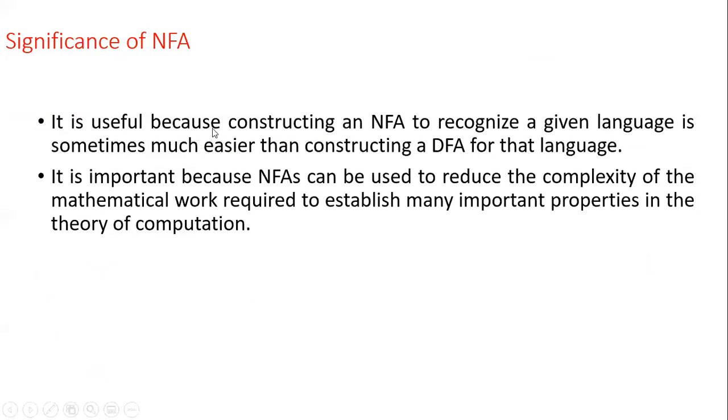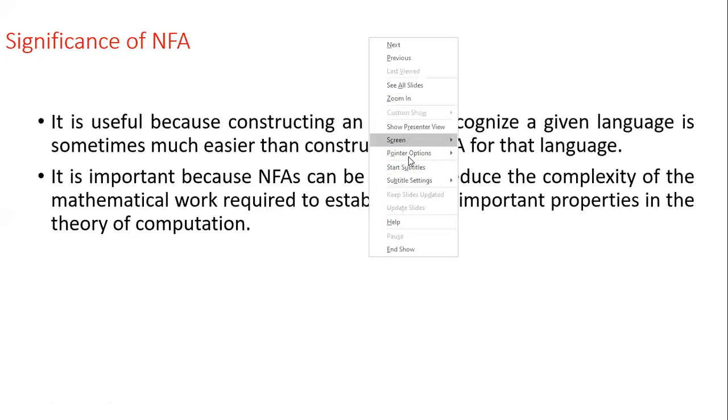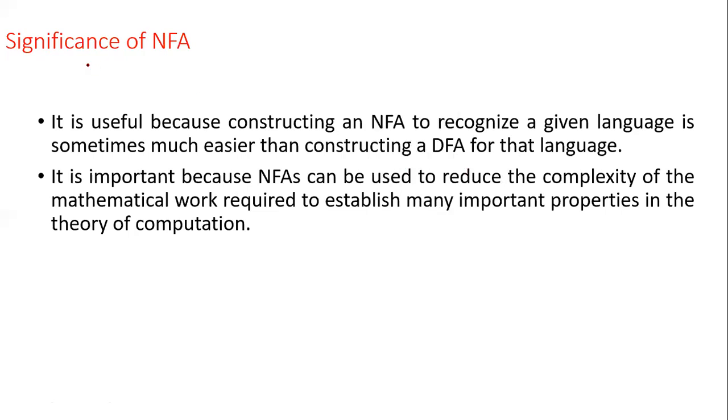It is useful because constructing an NFA to recognize a given language is sometimes much easier than constructing a DFA. This is the main point. For some problems constructing a DFA is somewhat difficult, so we construct the NFA first. After constructing the NFA, we convert the NFA into a DFA.